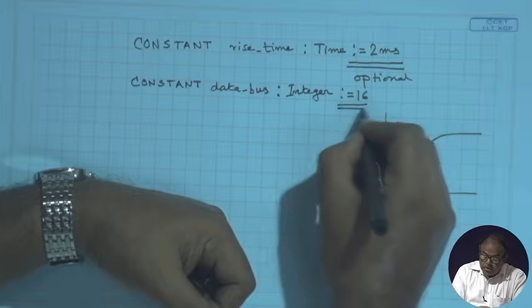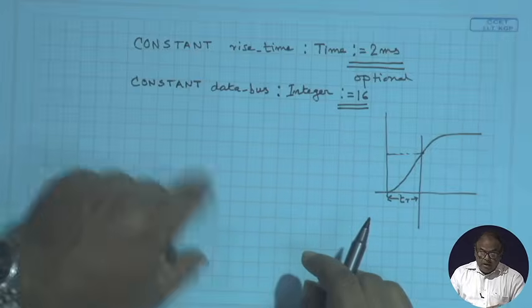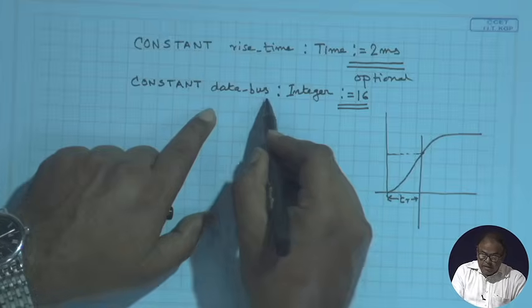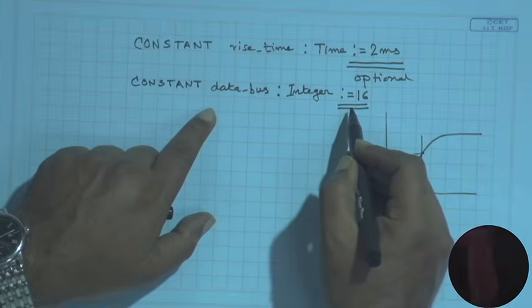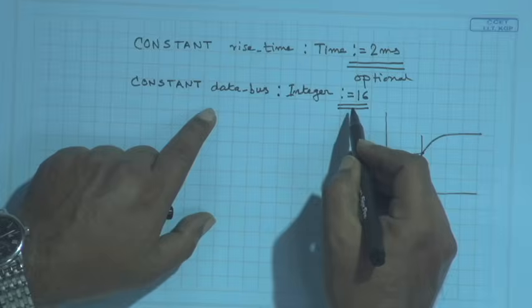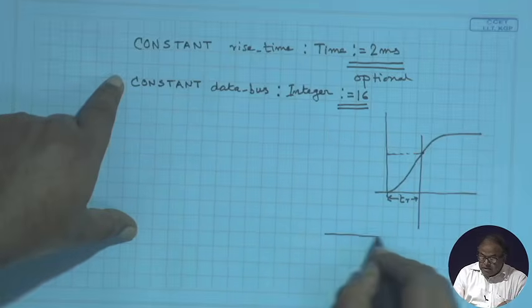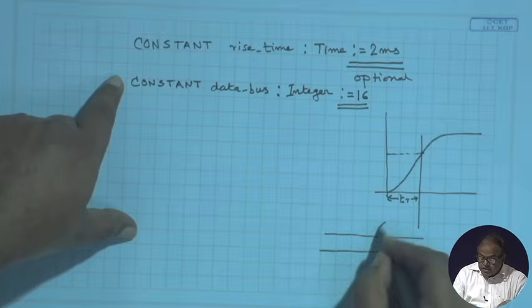Again, this is optional. What does it mean? Whenever I write the data bus, I am mentioning a 16-bit data bus, all right. So the width of the data bus is mentioned as 16.